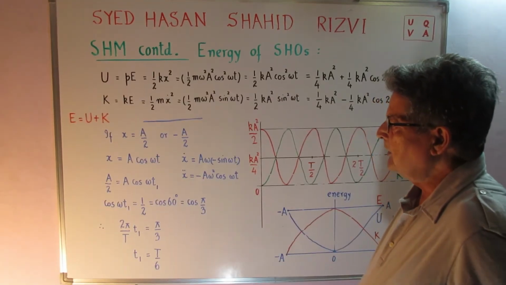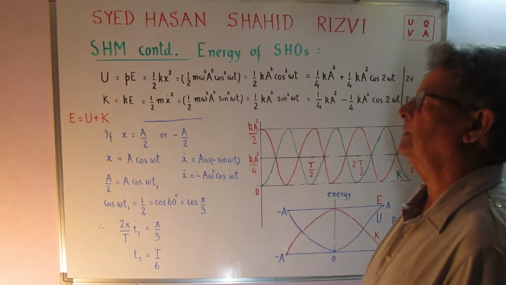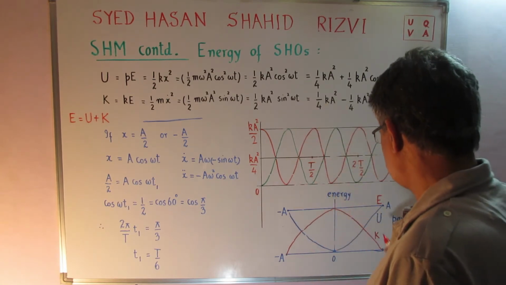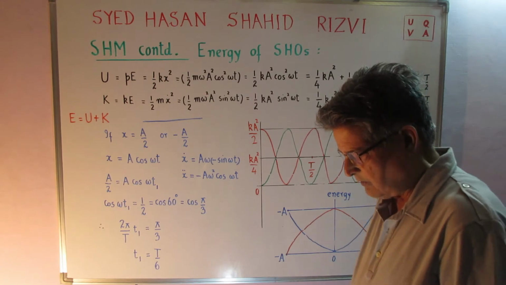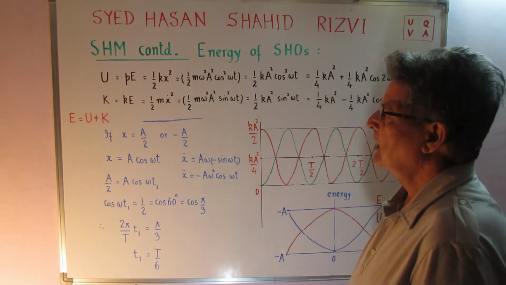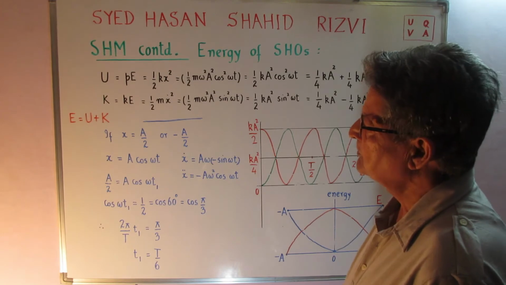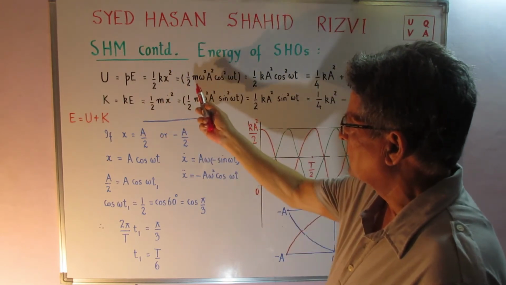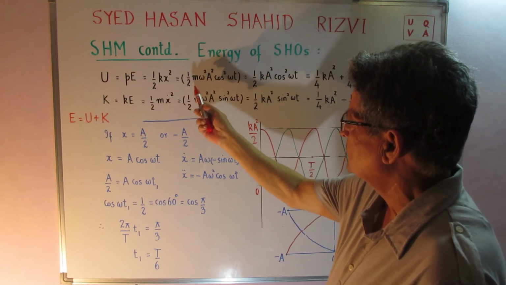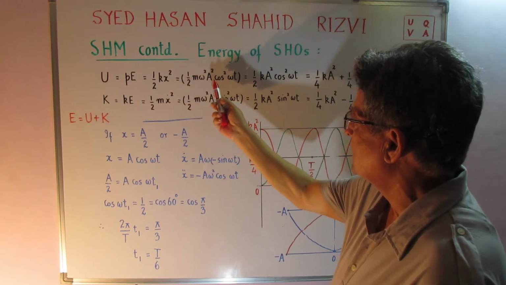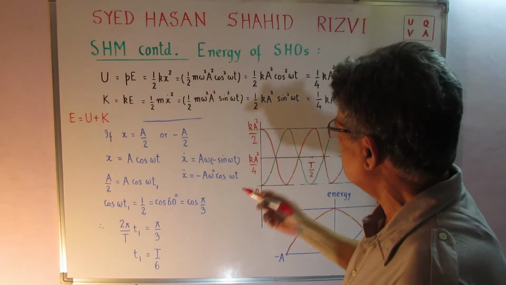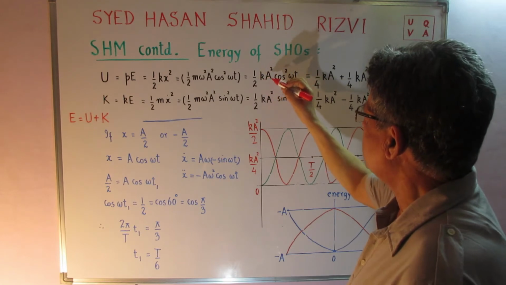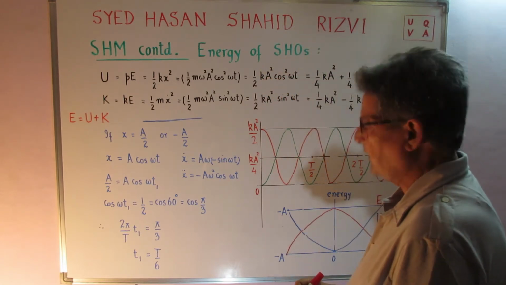So let me elaborate it with the help of this time graph and energy graph. You can see that the potential energy U is equal to half kx square, which I can write as, because k is equal to m omega square, half m omega square a square cos square of omega t, which I will prefer to write as half k a square cos square of omega t.